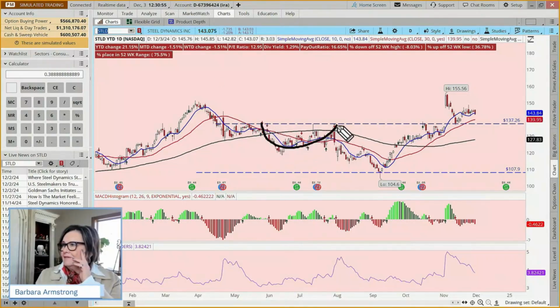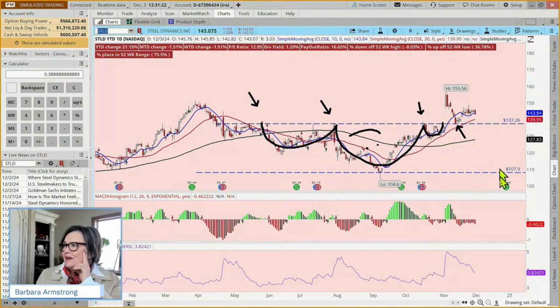It came down and then gapped up, wasn't even on earnings, came back to retest. And again, one of the things that I think is so fascinating is that it came almost right down to that exact same spot and then has started moving to the upside again.